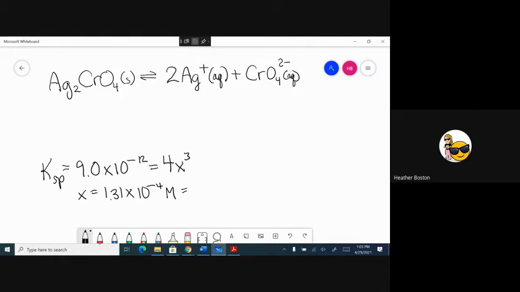So 0.000131 moles of silver chromate will dissolve in 1 liter of solution.